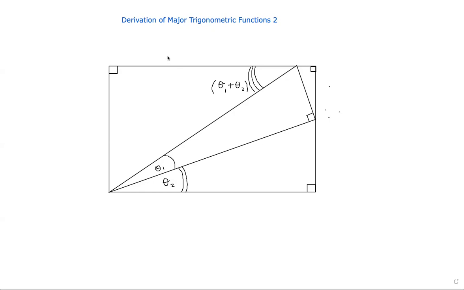Well, that's just the cosine of theta 1 plus theta 2. So hence we're summing the angles, and this side is opposite, so this has to be the sine of theta 1 plus theta 2.